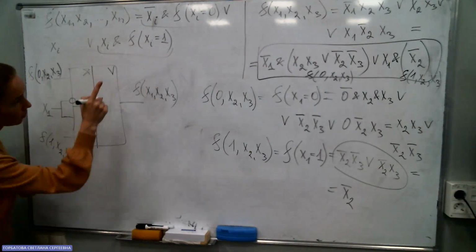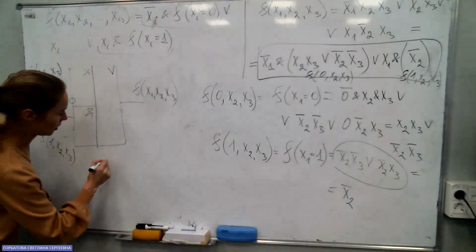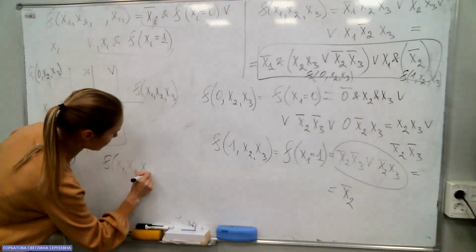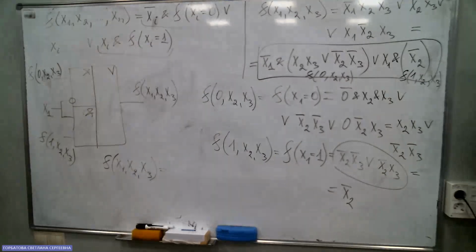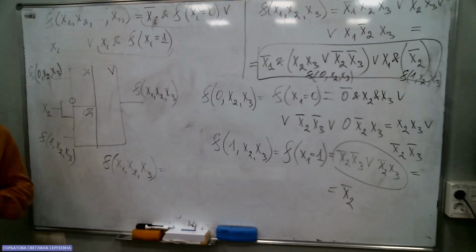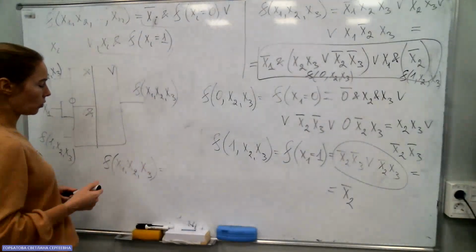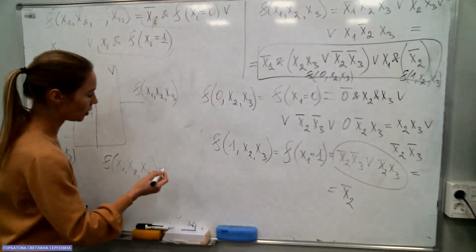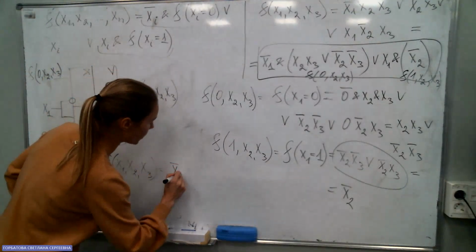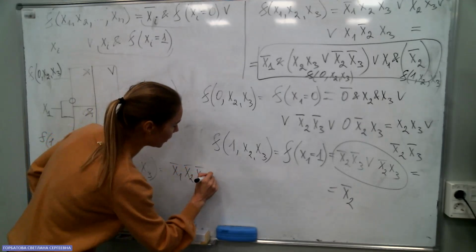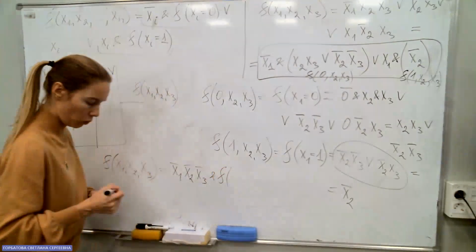For our F of x1, x2, x3, it means that we eliminate all variables, and the result will be: not x1 conjunction not x2 conjunction not x3 conjunction F of what?